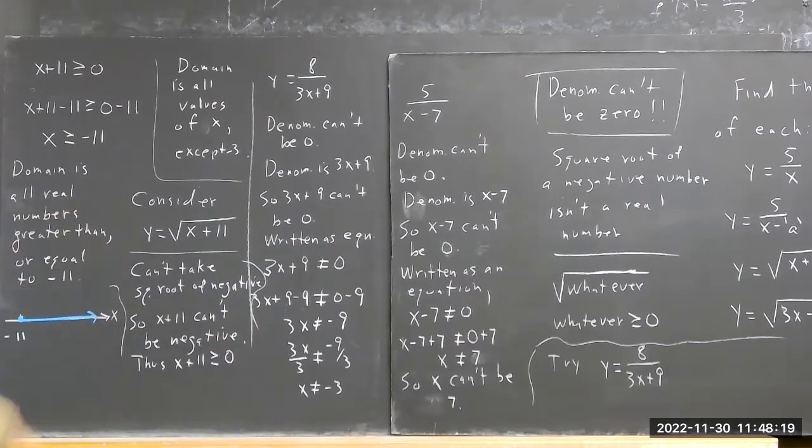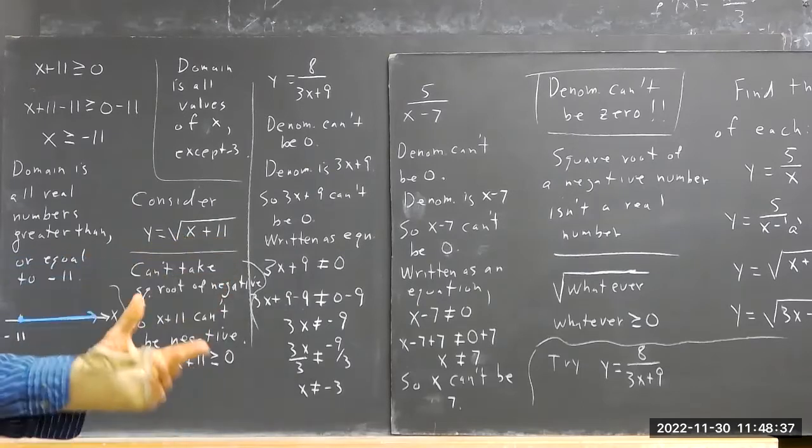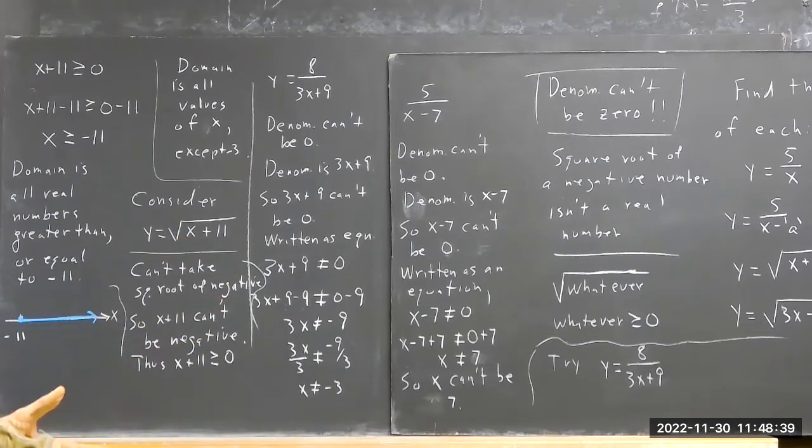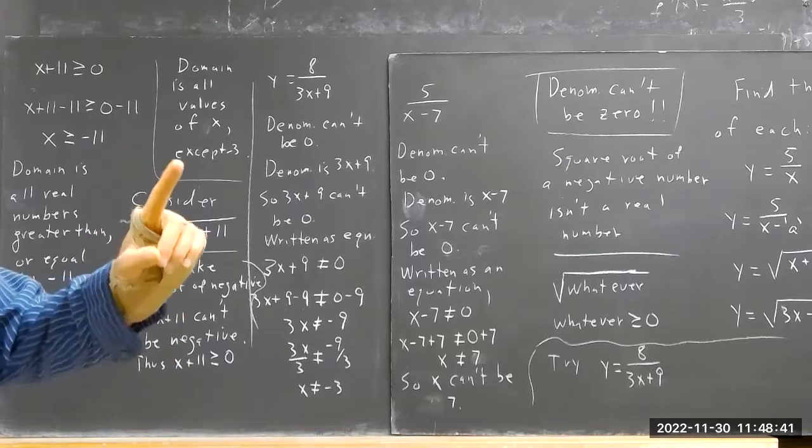Okay, so for example, x equals -10. If x is -10, what do you get? Show me your fingers. Plug in -10 here. Yeah, you get 1. -10 plus 11 is 1, and the square root of 1 is 1.